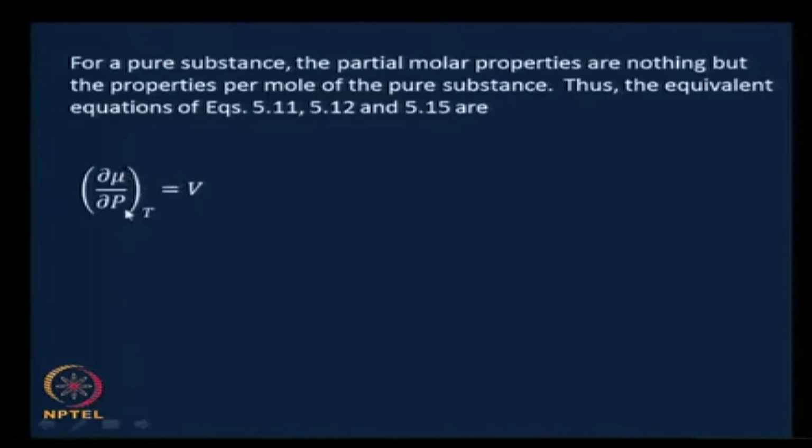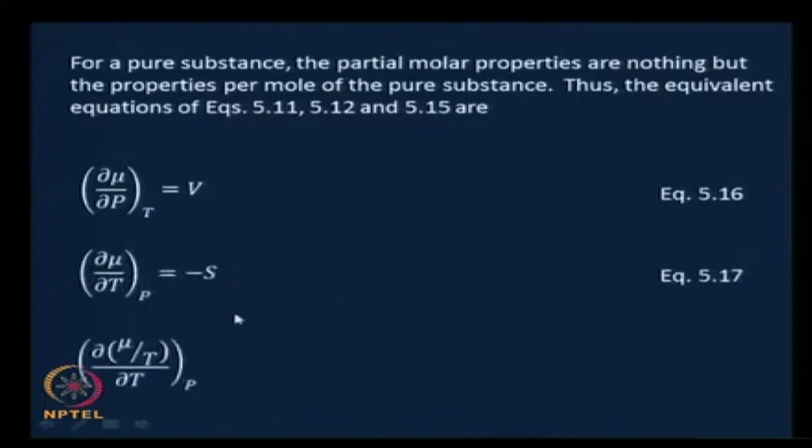Dou mu by dou P at constant T equals v, which is the molar volume, dou mu by dou T at constant P equals minus s, and dou mu by T dou T at constant P turns out to be minus h by T square.